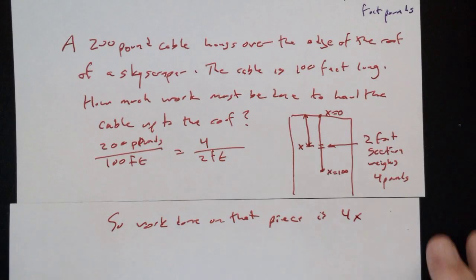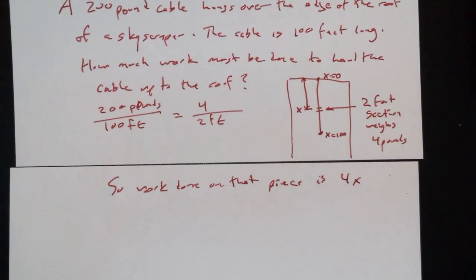But what if I just said, I don't know how long that piece is? What if we made it really a very small piece of cable? What if its length, instead of being 2 feet, was some little slice? What do we call little slices? Delta x.